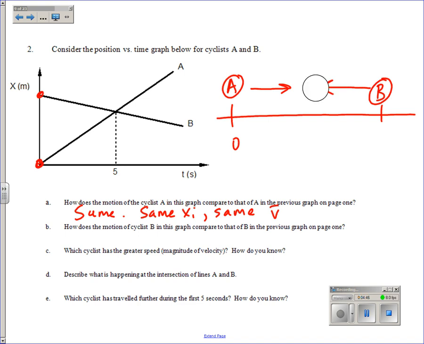And if I were going to draw an arrow to represent its velocity, I should actually draw it a bit shorter, because B does not have as steep of a slope as A. So B starts farther from the origin. B travels left instead of right at a slower speed.